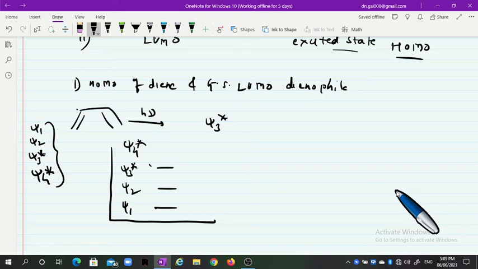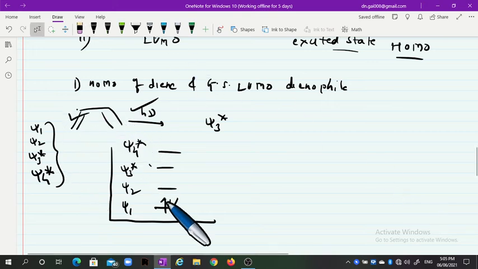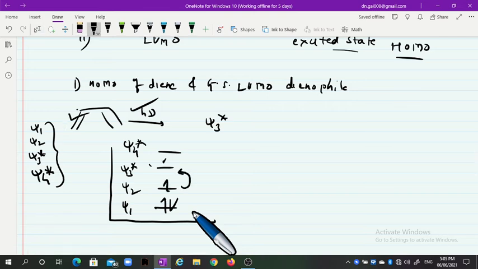There are pi 2 electrons and another pi 2 electrons, total 4 electrons, but one of the electrons gets excited from this level to this level, because light is absorbed by the molecule.